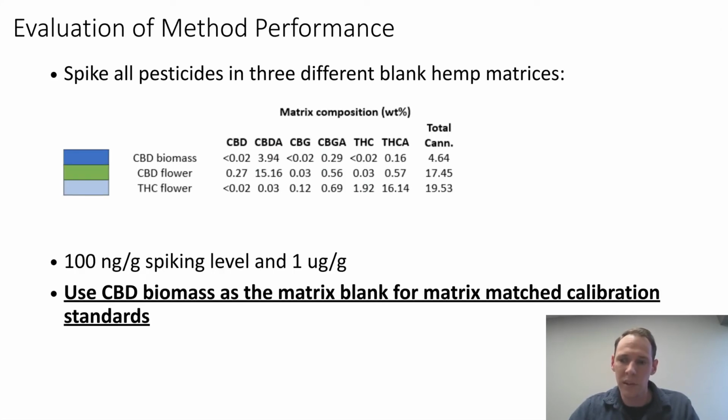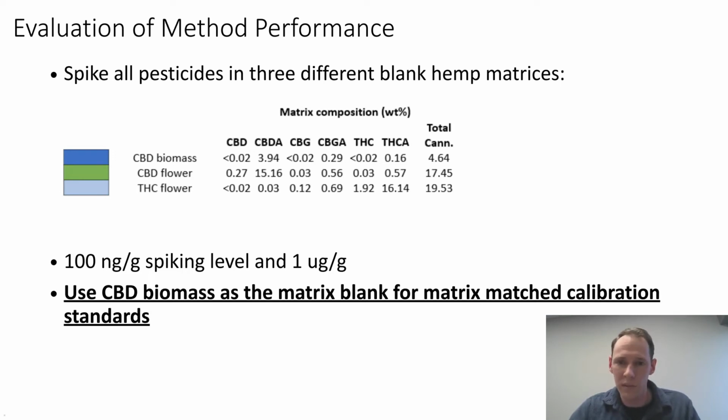In order to test the method performance, I spiked the target pesticides in 3 different cannabis matrices, because I really wanted to see the difference in performance for these different types of cannabis.